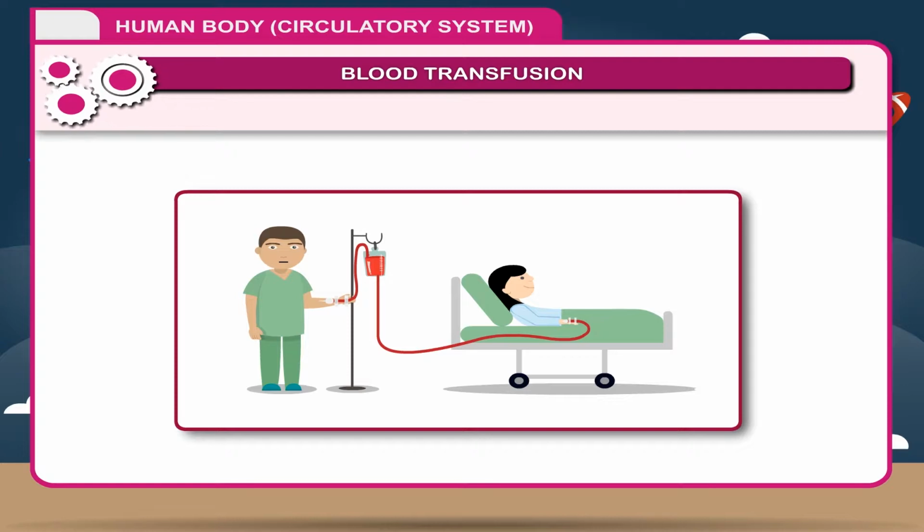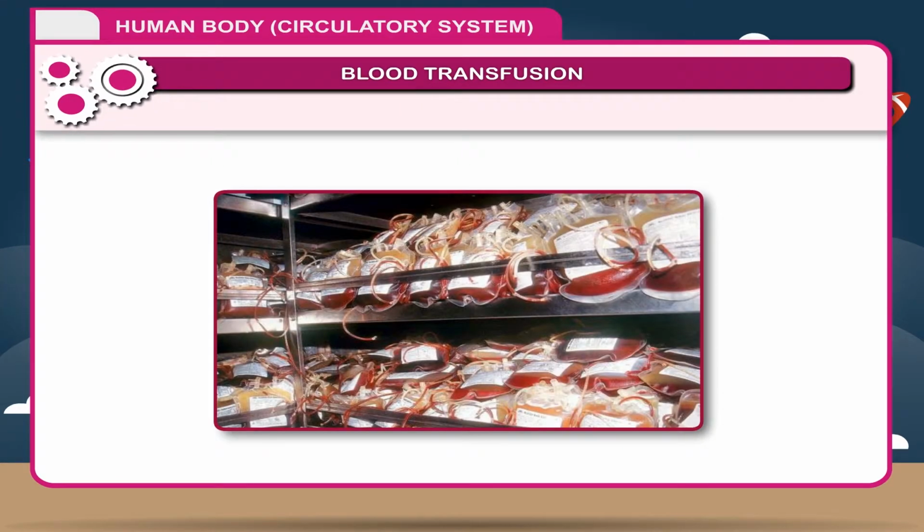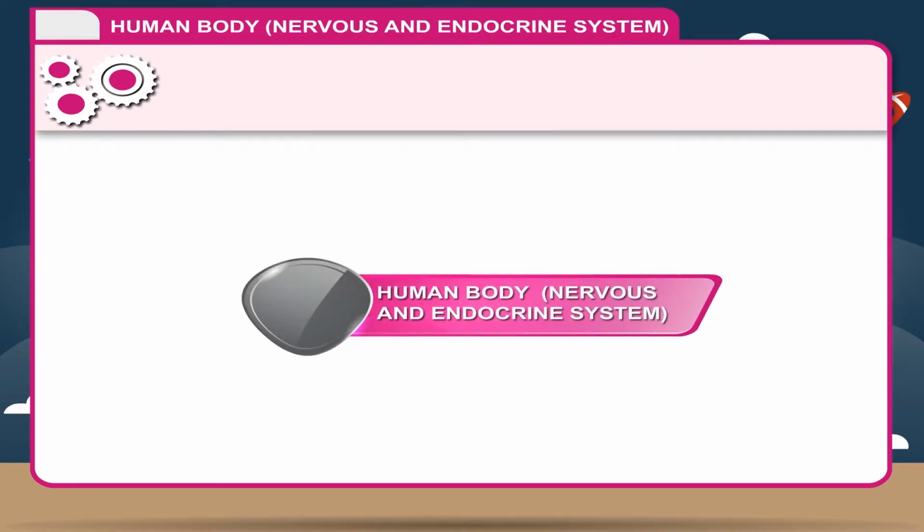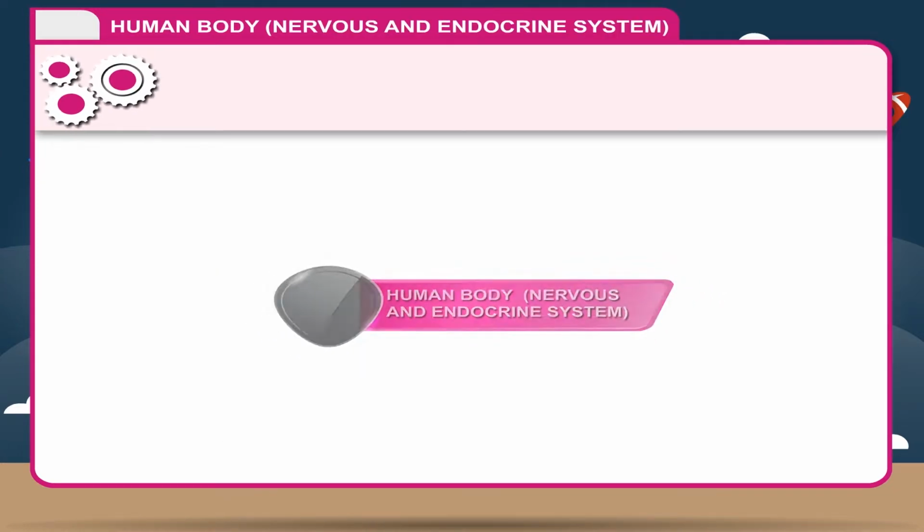Blood transfusion is the procedure of introducing the blood of a donor into the bloodstream of the recipient. The transfusion of blood can only take place in matching groups only. Nowadays, there are blood banks present in hospitals from where one can get blood of the desired group in case of an emergency. Human body, nervous and endocrine system.